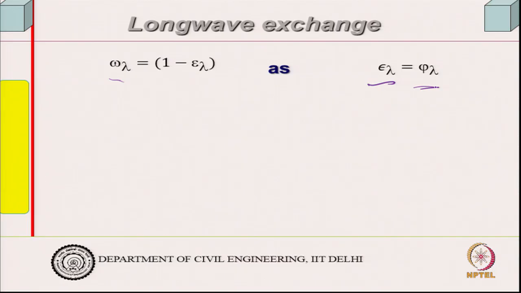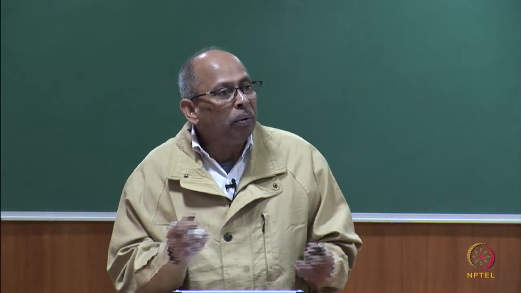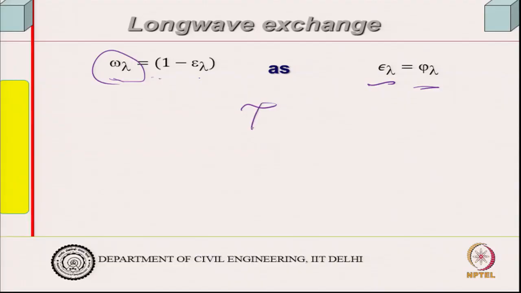That would be 1 minus absorptivity, and absorptivity is the same as emissivity. So I can write it as 1 minus emissivity. So reflectivity is nothing but 1 minus emissivity for a given wavelength, because absorptivity and emissivity are the same, and tau is equal to 0.